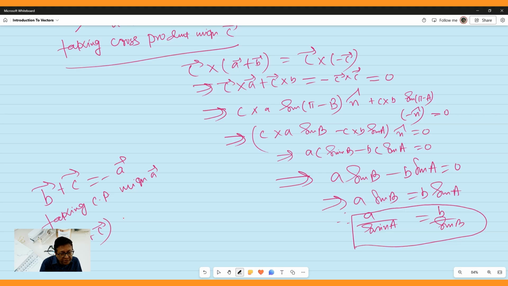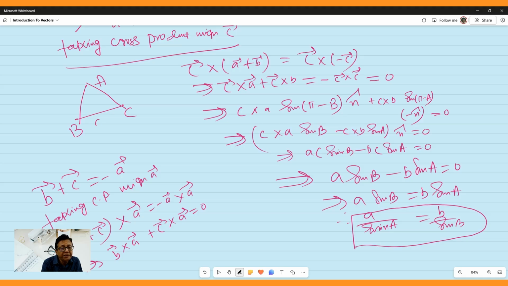B plus C cross A, so B cross A plus C cross A equal to 0. Again you just proceed the same manner, in the triangle ABC. This is A, B, and this is C.